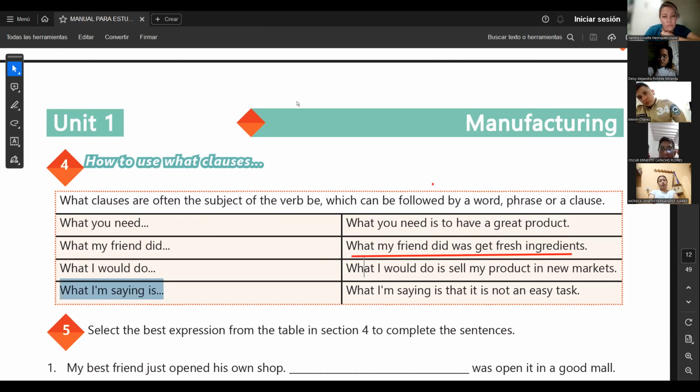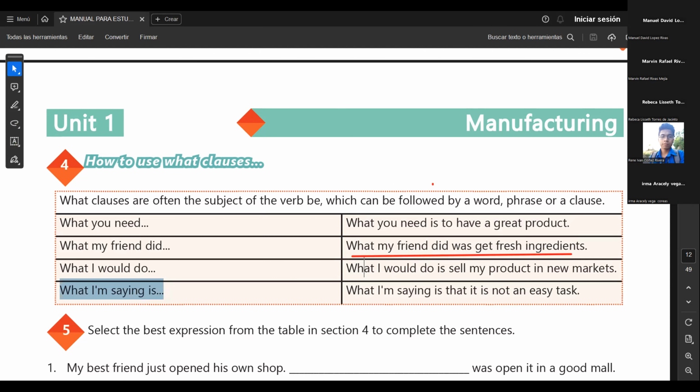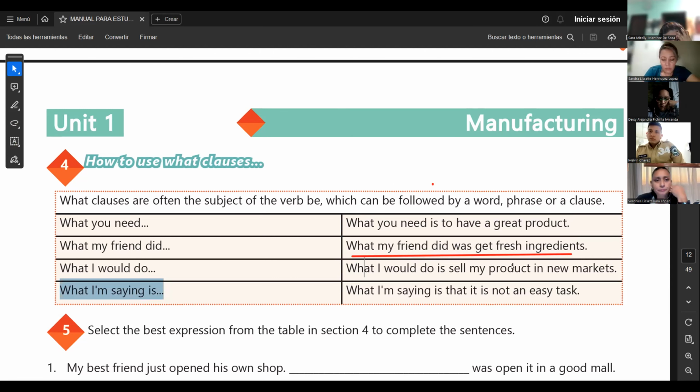What my friend did was get friends. Oh, it was a little choppy. I think it's the connection, but thank you, Monica. The last word was ingredients.